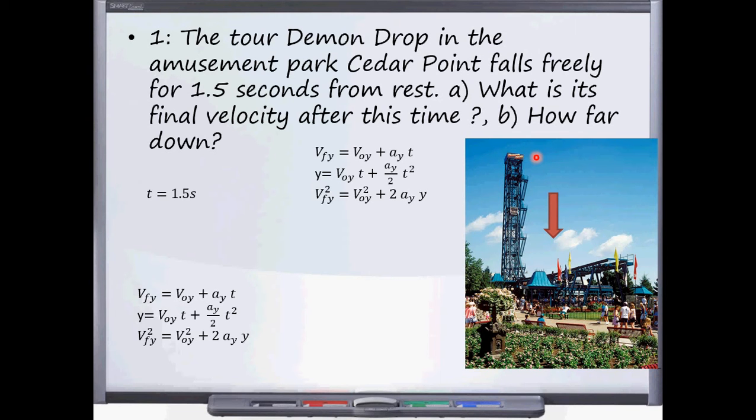So your initial velocity will be 0. But this time, instead of V0 only, it's V0y that is 0, because we are talking only on the vertical plane.